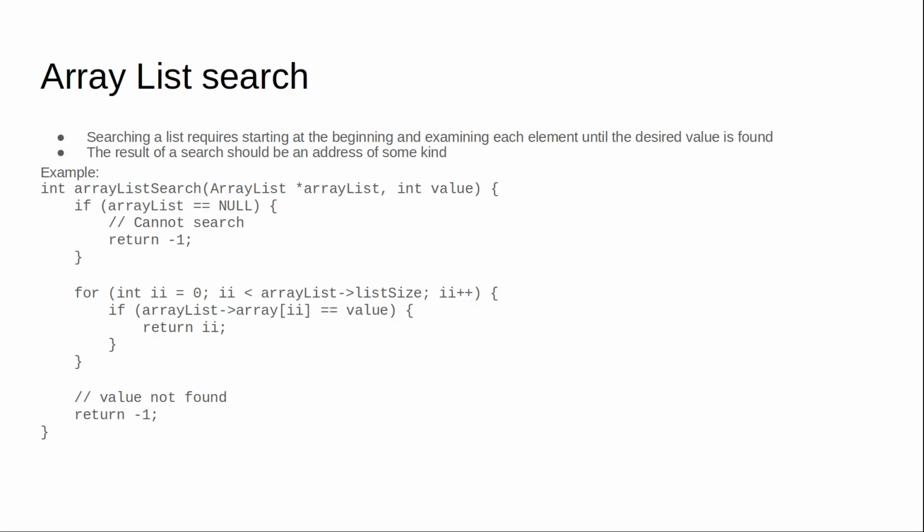Okay, assuming that the array is valid, we're going to go from the start, which is going to be index 0, to list size, because list size tells us how many valid elements there are in the array that we've implemented here. So 0 to list size, we're going to check each element. If an element is equal to the value that we're searching for, then we return the index that we found it at.